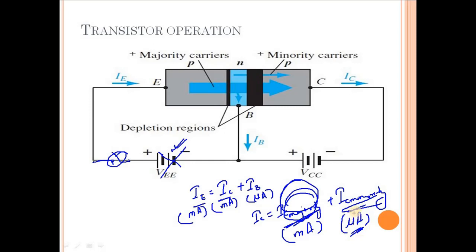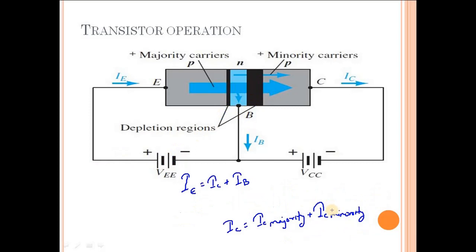You can better relate to IC minority being in the microampere range if you relate it to a reverse bias condition. What is IC minority? It is the minority current from N to P in the absence of this DC bias.